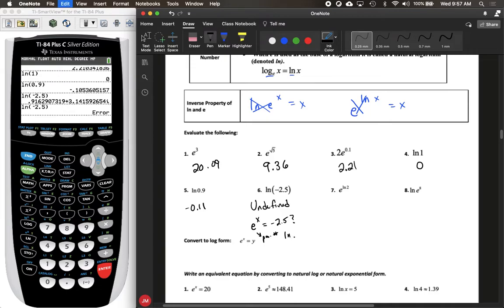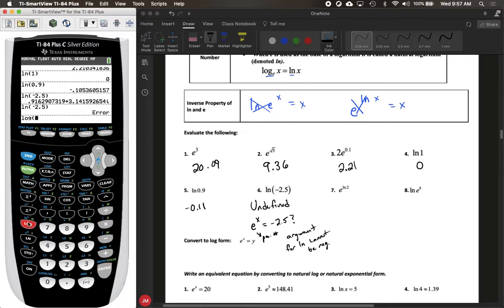So the argument for a natural log cannot be negative. In fact, that's usually the case for common logs as well. If we tried to find the common log of negative 5, we would get a similar answer. So the argument will always need to be a positive number.